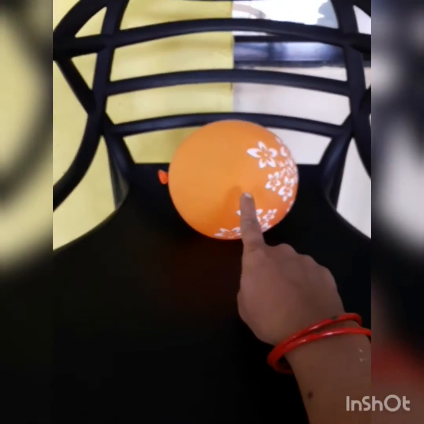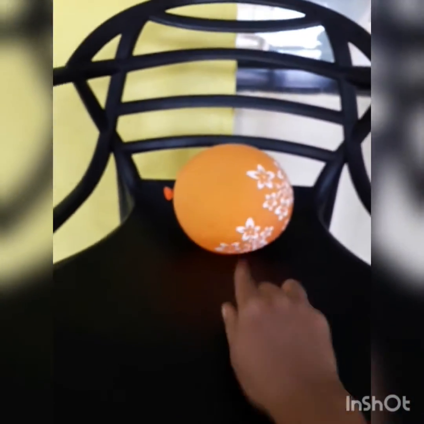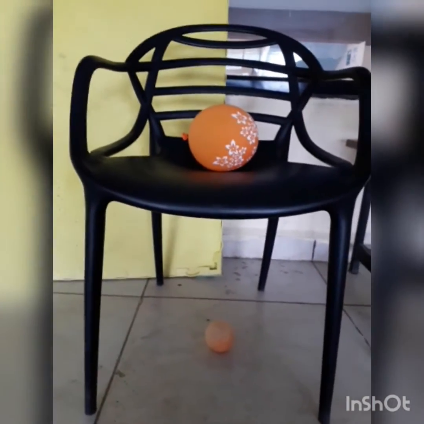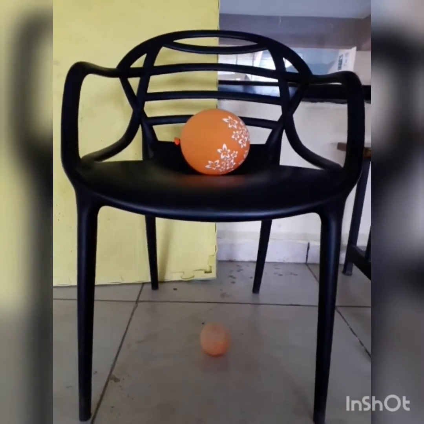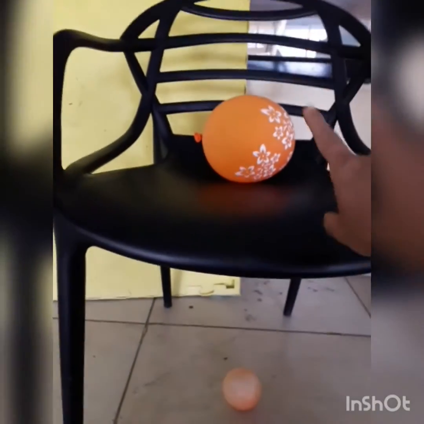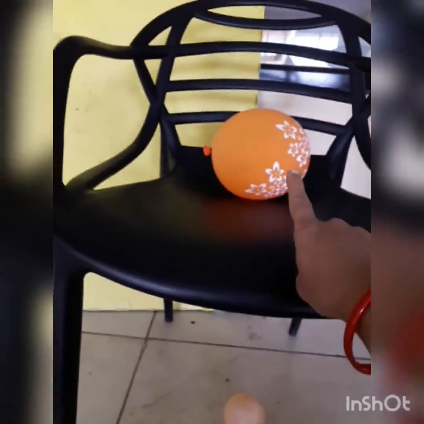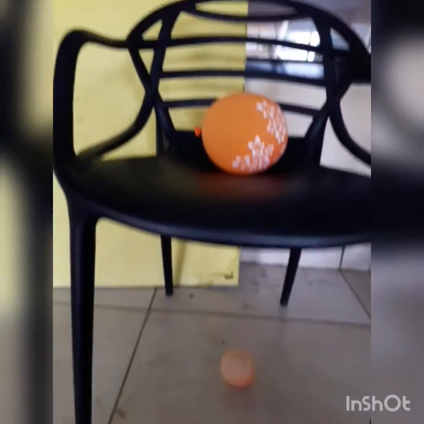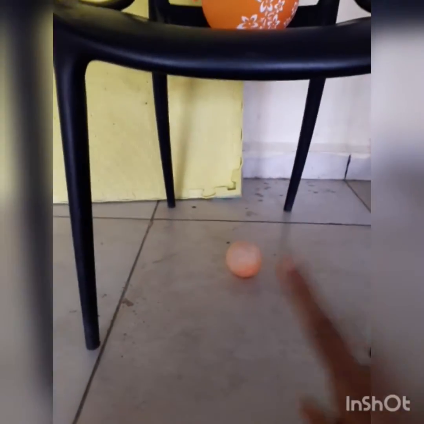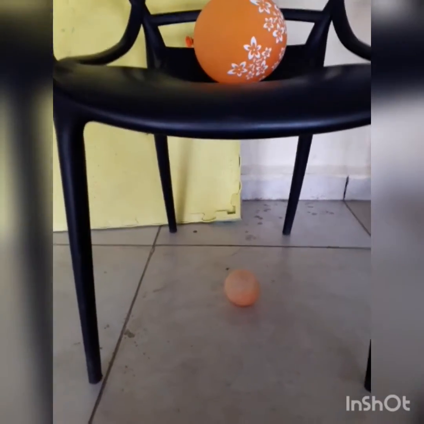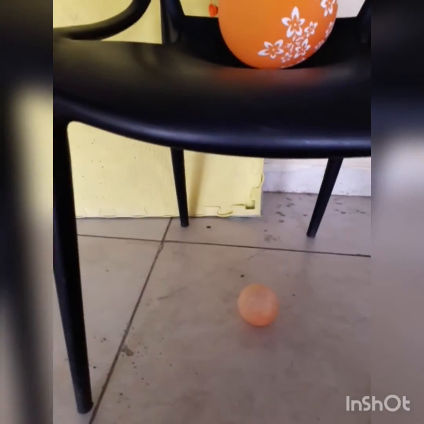The ball is under the chair. See here, students. The balloon is on the chair. The ball is under the chair. Did you understand?